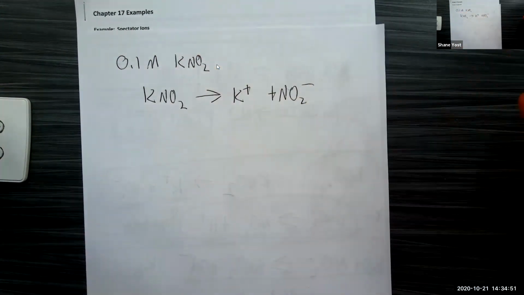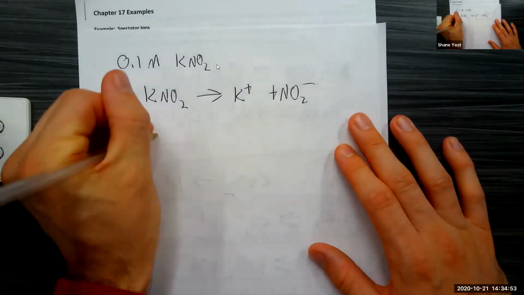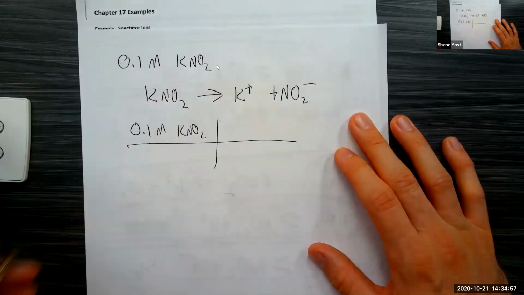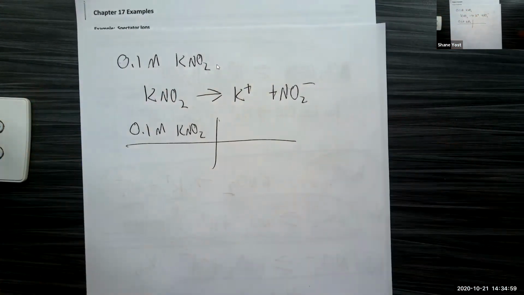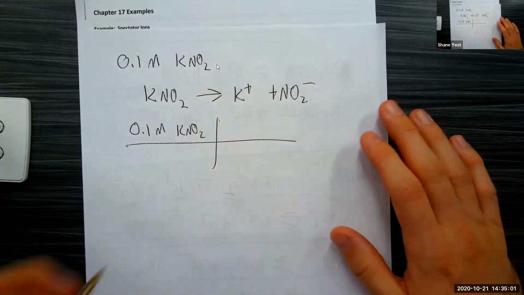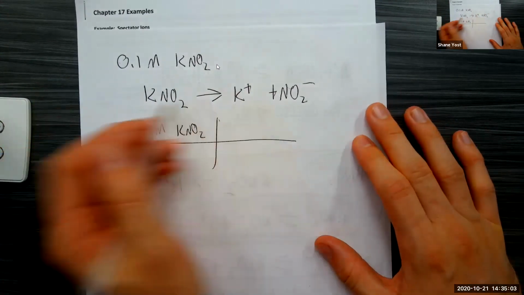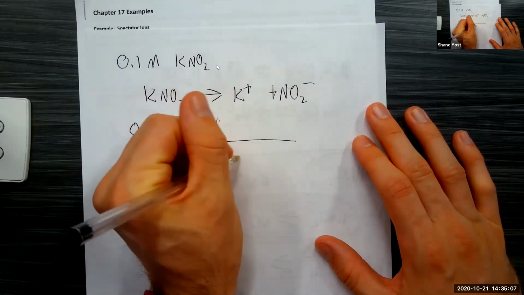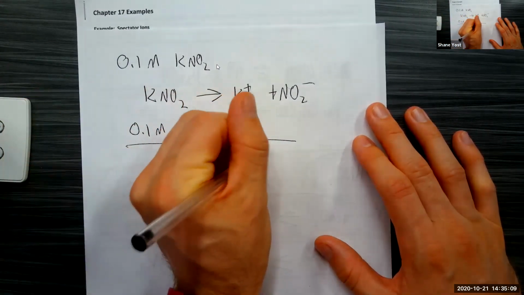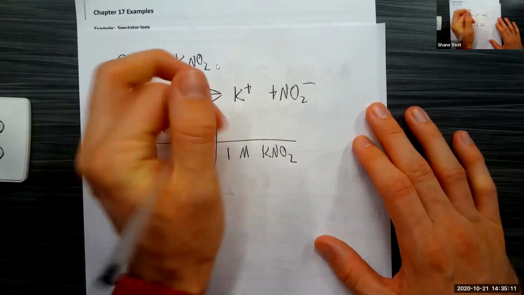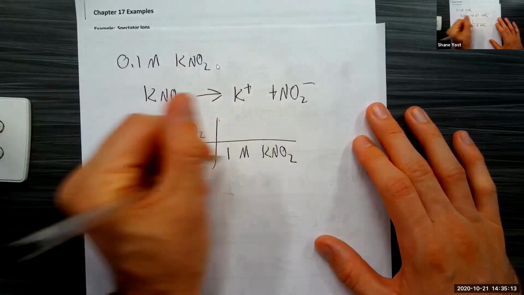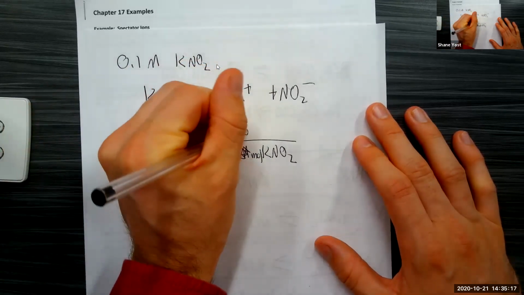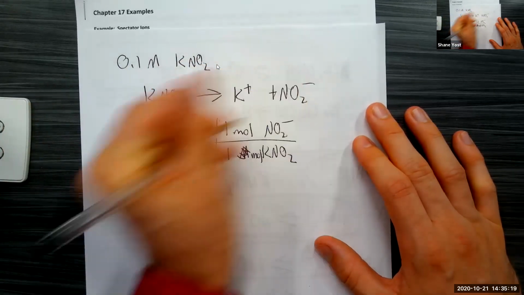Doing our stoichiometry, dimensional analysis, I forget what it's called in Gen Chem, based on my balanced chemical reaction, every 1 mole of KNO2 will form 1 mole of NO2 minus.